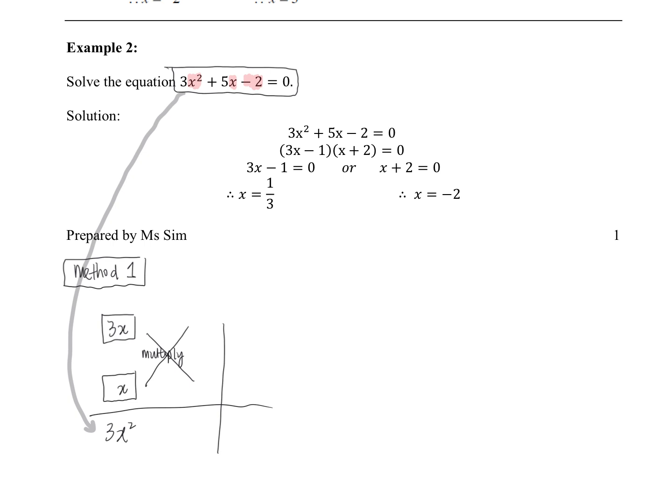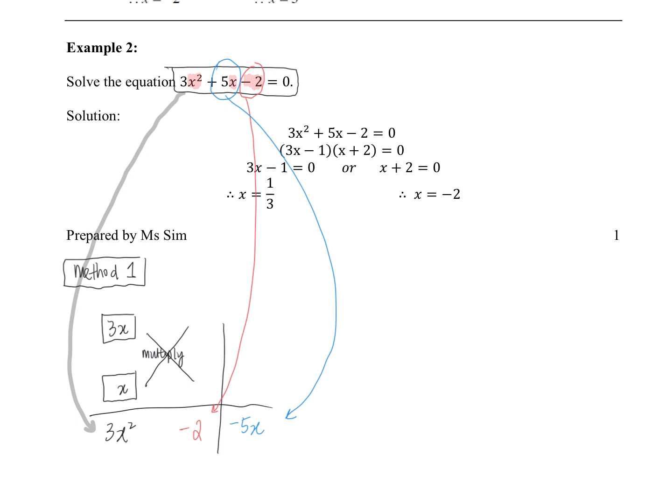Okay, the next number is the constant number. It should go here. And then, of course, the final number must go here. So the order is very important. Okay.